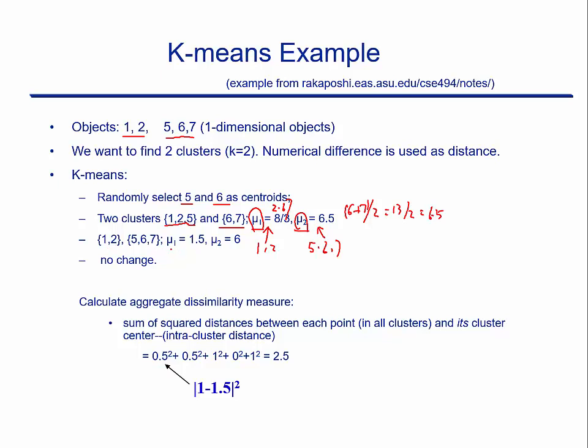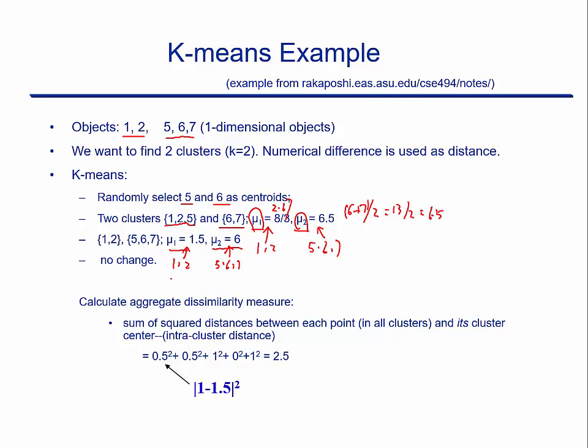And after that, we recalculate the centroids, and using these new centroids, we will reassign the objects, and we find that 1 and 2 are closer to the first centroid, and 5, 6, 7 are closer to the second centroid.